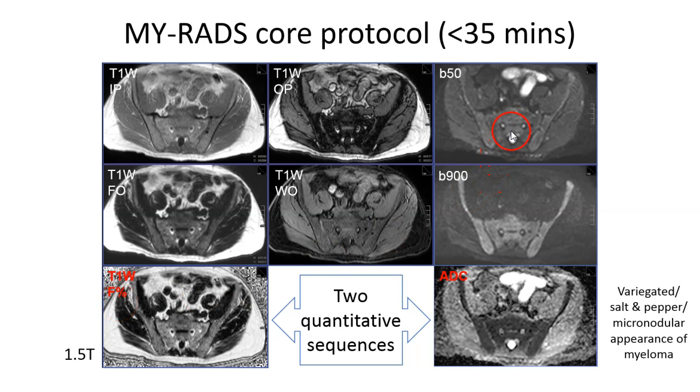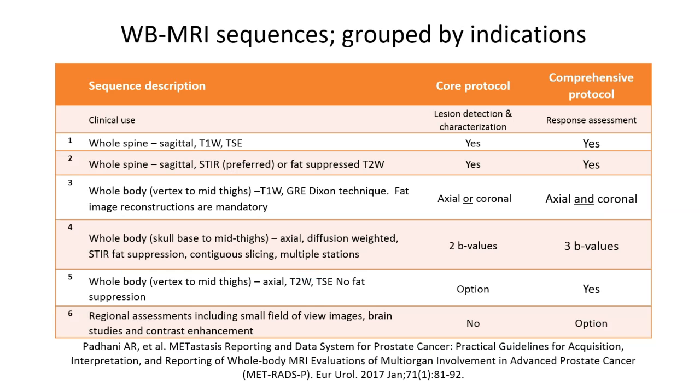And this is the B50, the B900, and then the mandatory reconstruction of an ADC map. So you can see that there are two quantitative parameters that can be derived in a core protocol.